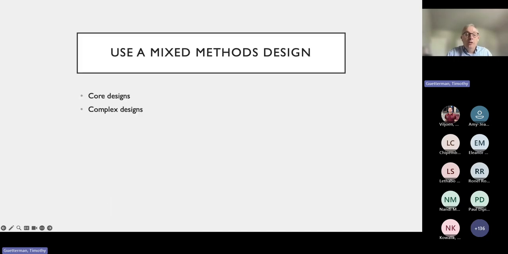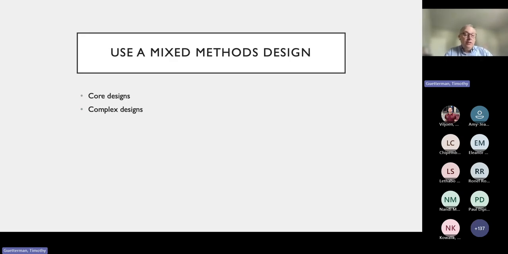In terms of mixed methods designs, I won't go into this in depth now because I'm going to talk about designs more in a minute. But a design is meant to guide the overall process of research, the flow of procedures, really from start to finish. And that's helpful thinking about when we have qualitative components, when we have quantitative, when they're coming together.